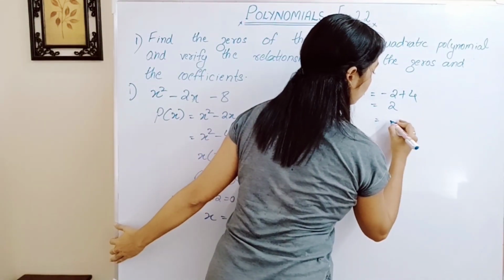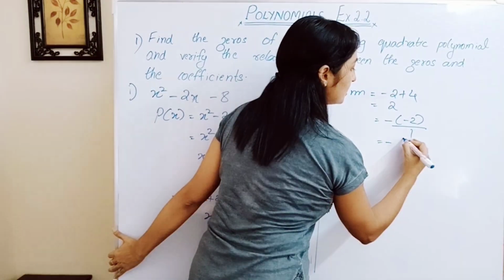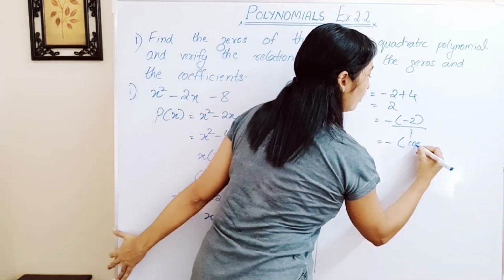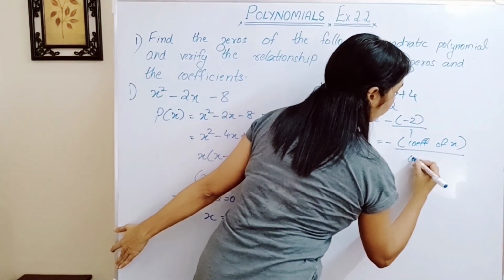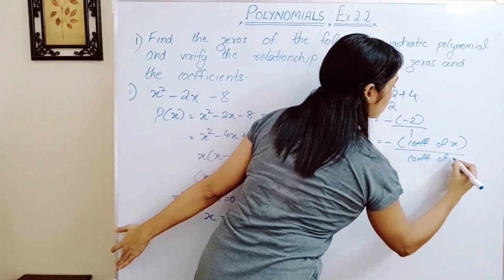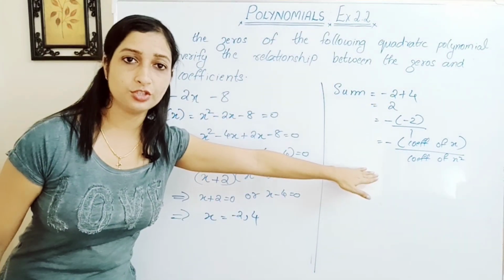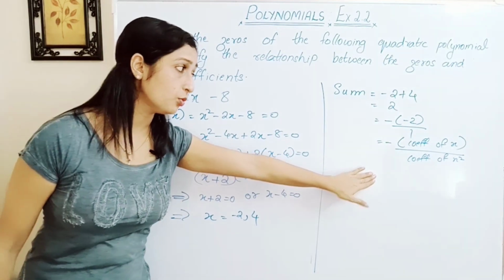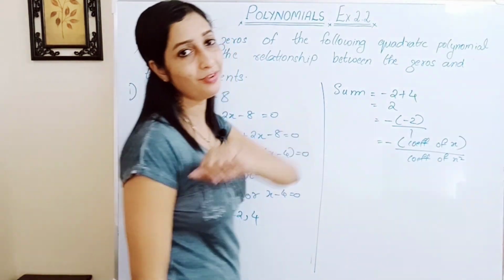This is the same as minus of coefficient of x by coefficient of x square. So this is one of the relations: sum of the zeros is equal to minus of coefficient of x by coefficient of x square.